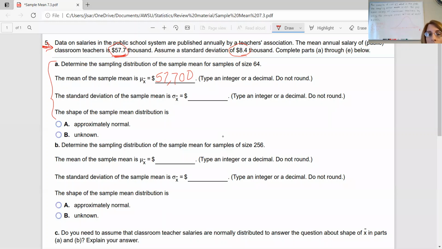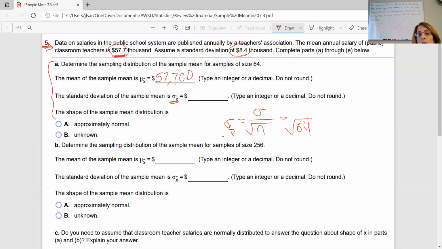The standard deviation of the sample mean, the standard deviation of X bar, is given by that equation also on your equation sheet, which says that the standard deviation of X bar is simply the standard deviation of the parent population divided by the square root of n. In this case, n is 64, so it's the square root of 64.